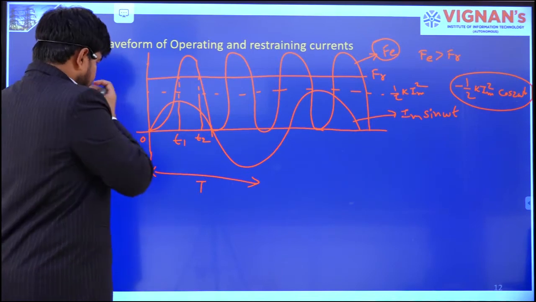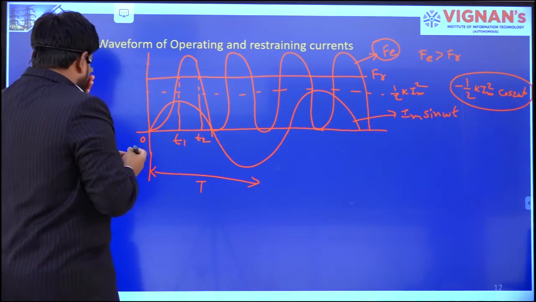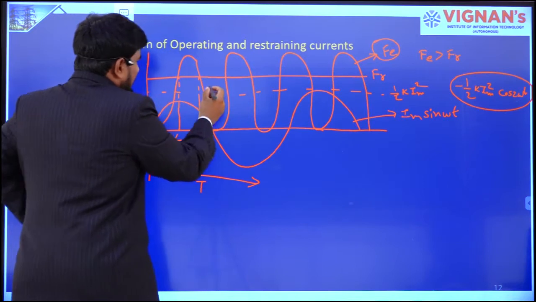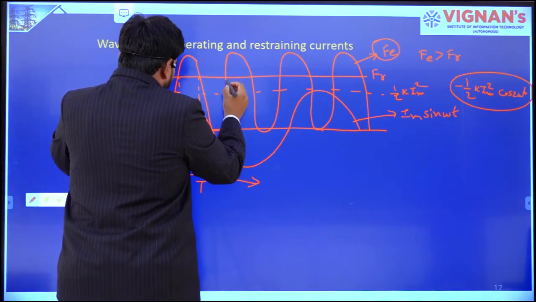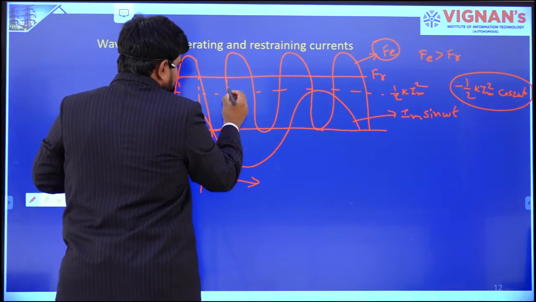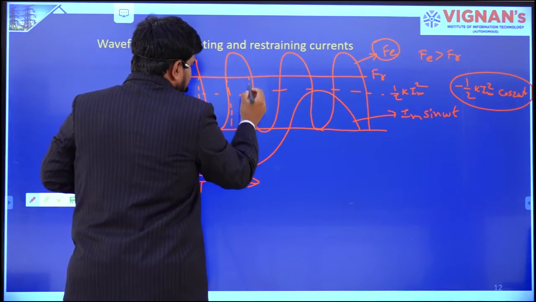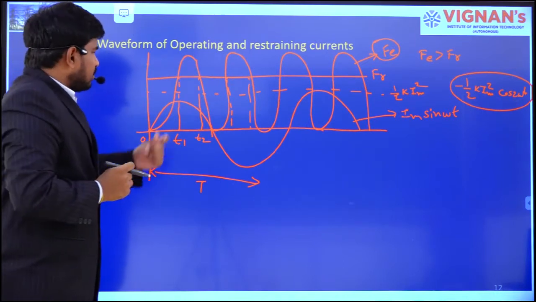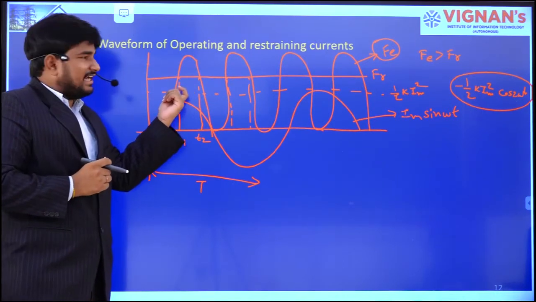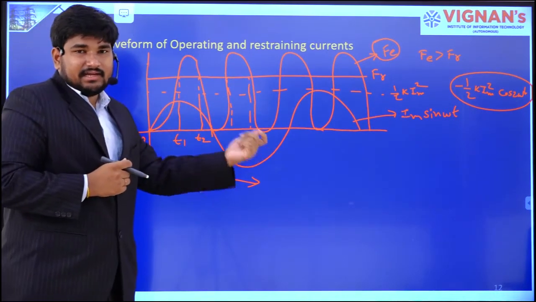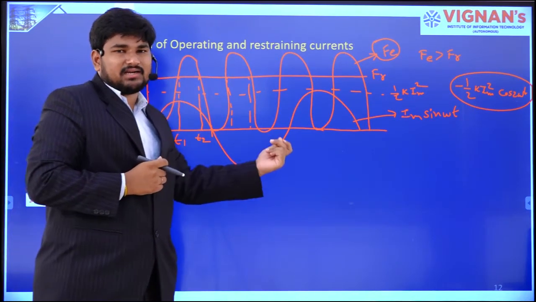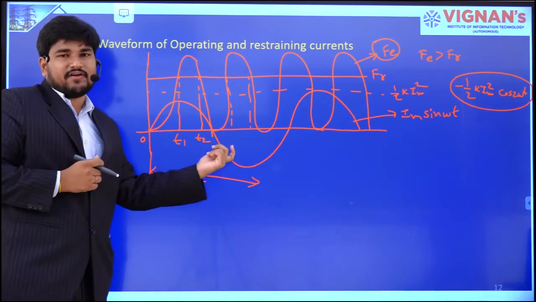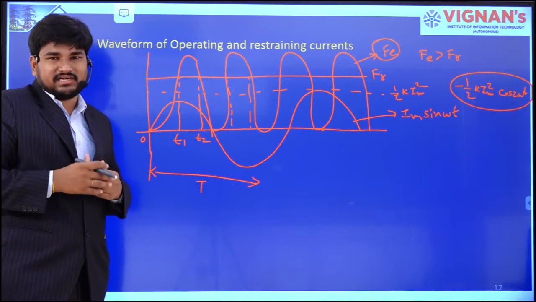This happens for every cycle. Here also the same thing, like that. For some portion of time the relay gives operation or torque, but for some portion of time it does not provide sufficient torque.